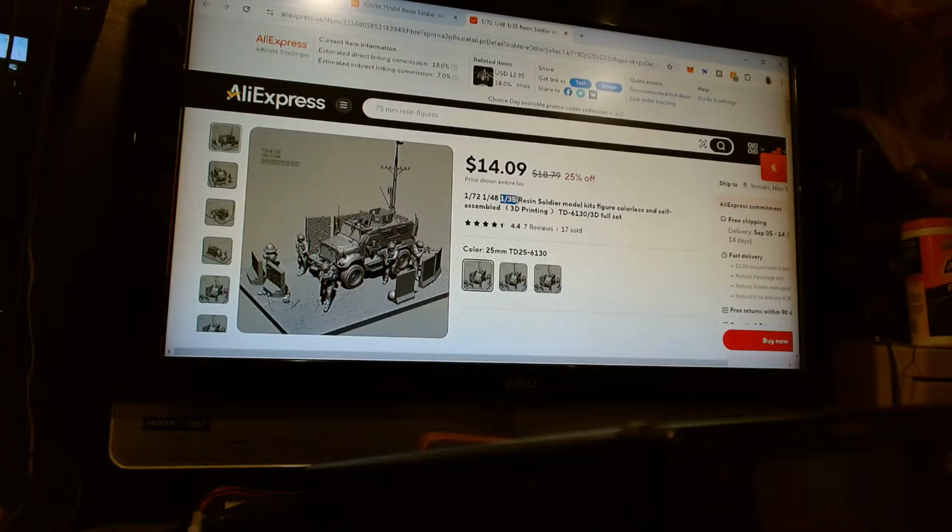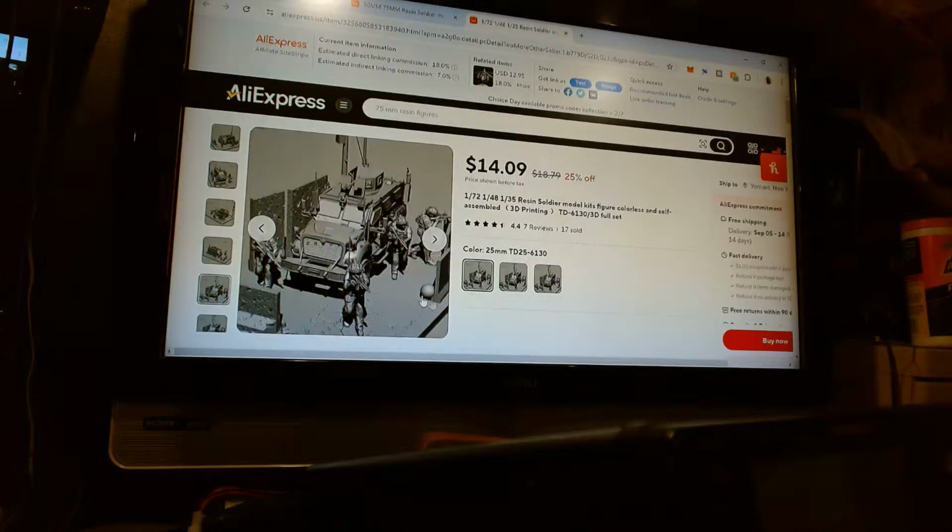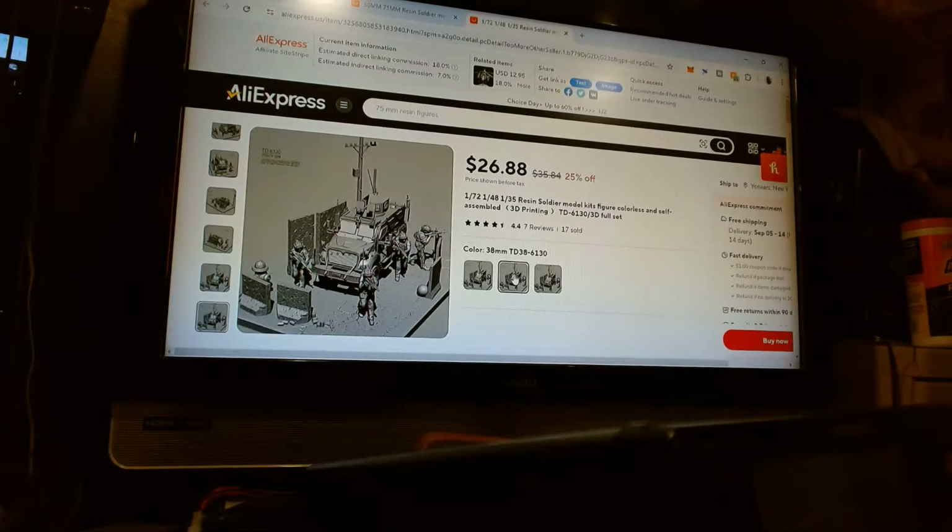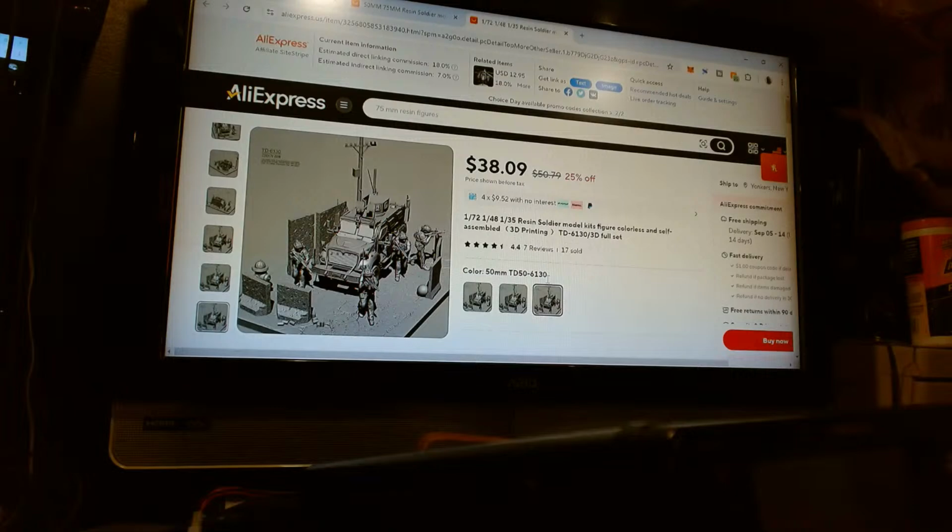So when you're looking at scale, you see the price for this one is $14.09. That's going to be the 1/72 scale. The 1/48 scale is going to be slightly pricier, and then the 1/35 scale is the biggest one that you can buy. That is $38.09.